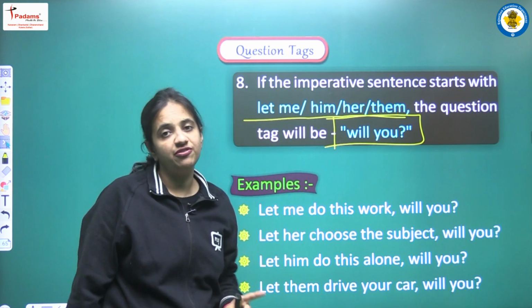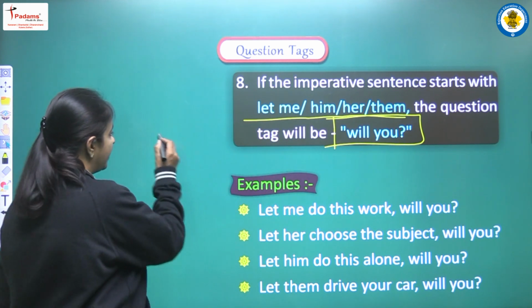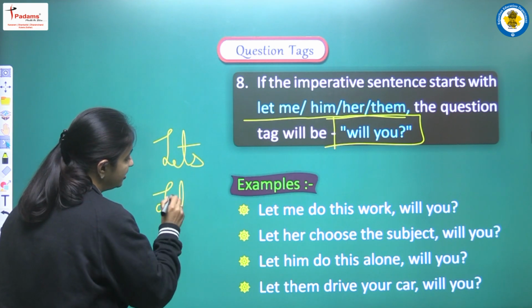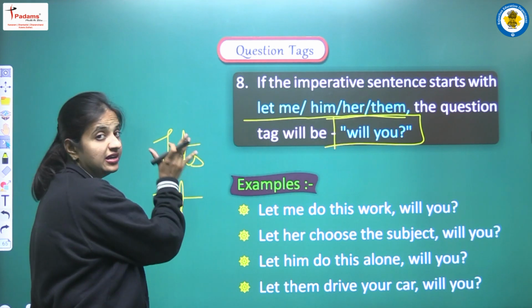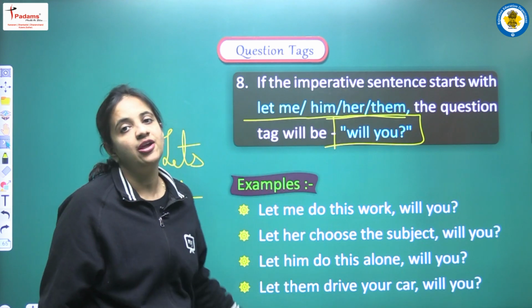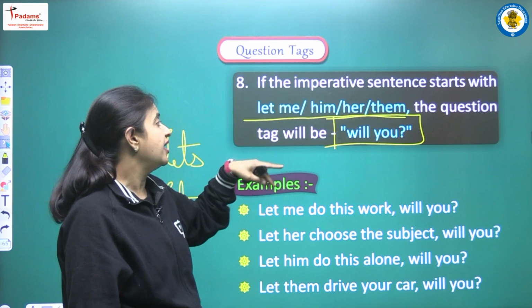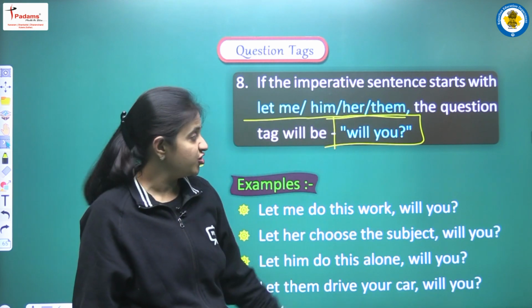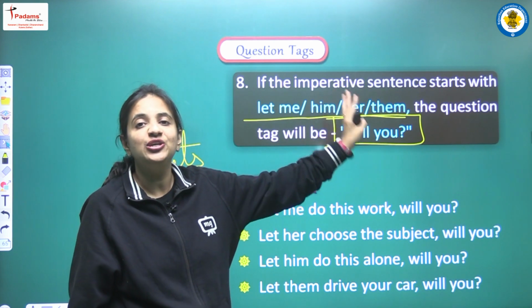This let is different from let's. Let's is a different word, and let is a different word. If we are having let's, then the question tag will be shall we. But if we are having let, and with let we can have me, him, her, them or any noun also, then the question tag will be will you.